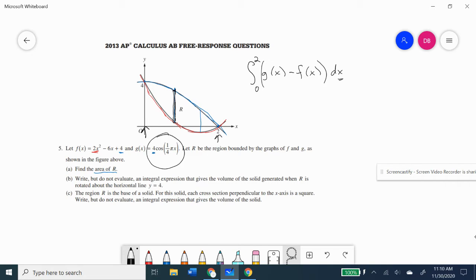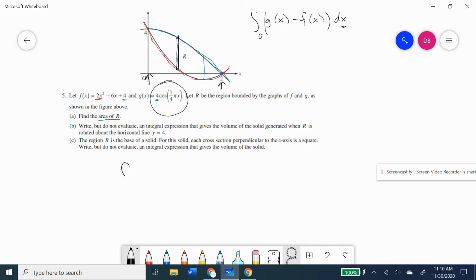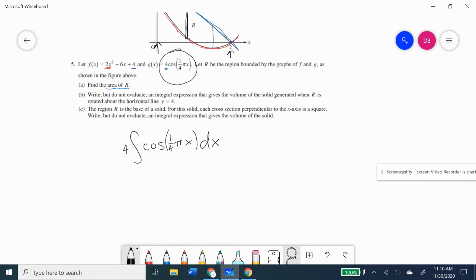Integrating g, you need to do a u substitution. So I'm just going to put that over here and separately look at solving this portion. So doing a u sub, u is what is inside of cosine, so basically pi over 4 times x.